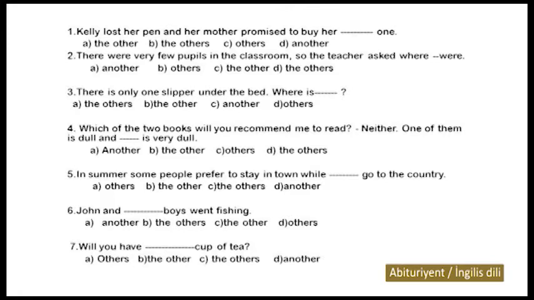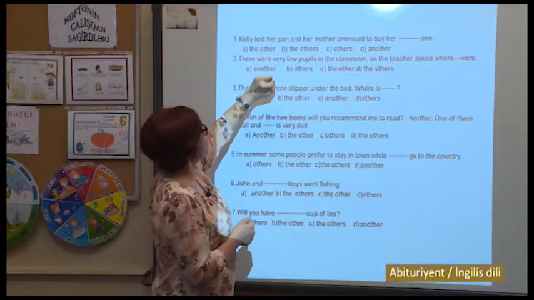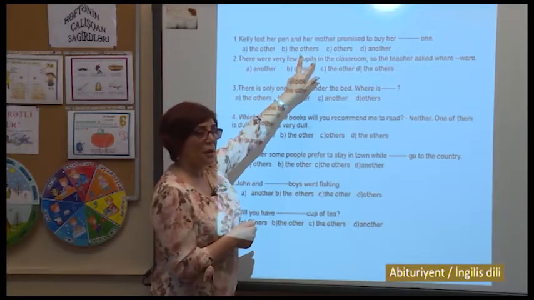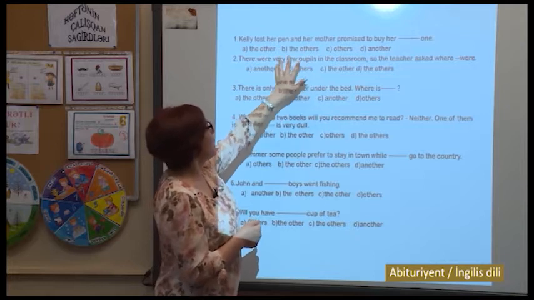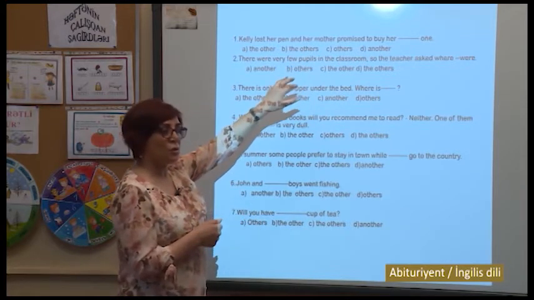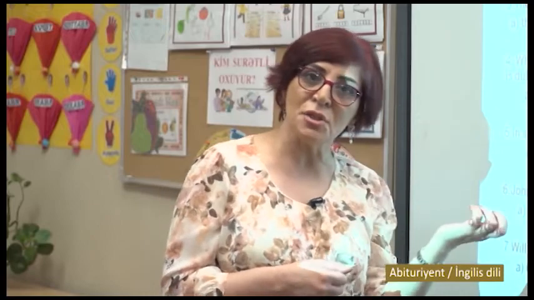Because if "other" is used as a determiner, it can't be used in a plural form. "The others" and "others" can be used only as a subject and as an object, but not as a determiner. We never say "the others girls," we say "the other girls."